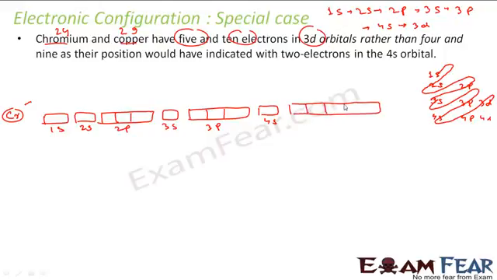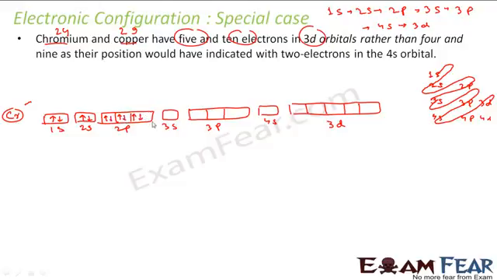D will have 5 orbitals. This is the order of increasing energy of subshells. Now the 24 electrons: first, second, third, fourth, fifth, sixth, seventh, eighth, ninth, 10th.